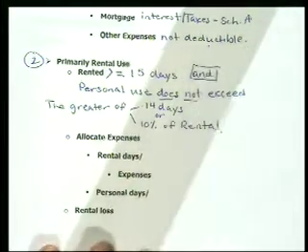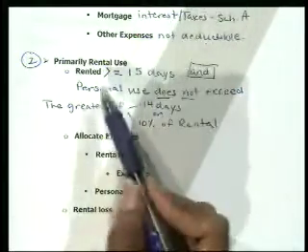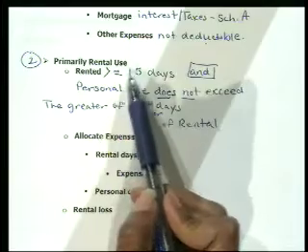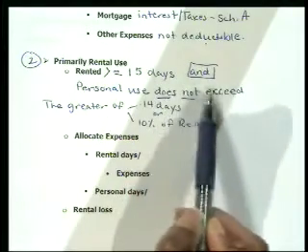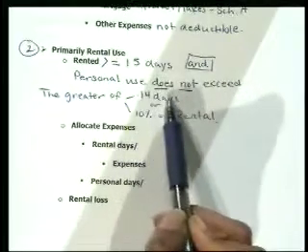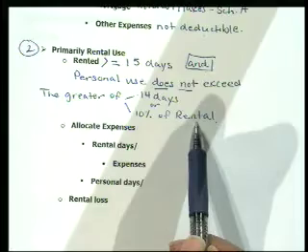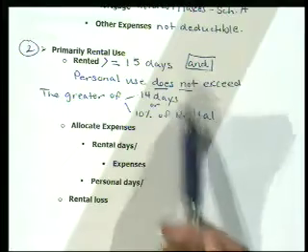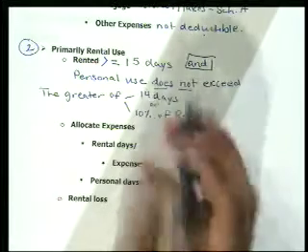Okay, so we have to look at the personal days and the rental days. If I've rented my property for greater than or equal to 15 days, and the personal use days do not exceed the greater of 14 days or 10% of the rental days, then this is going to be considered primarily rental use property.